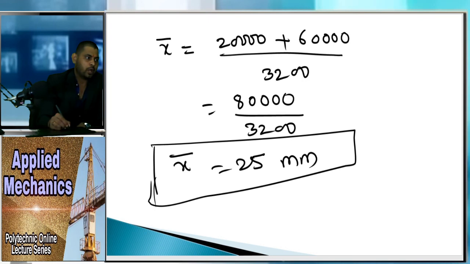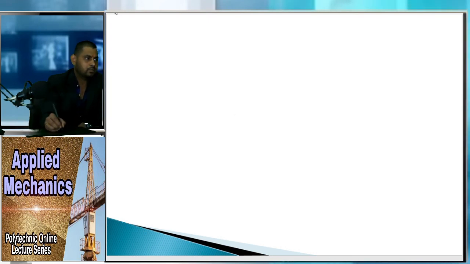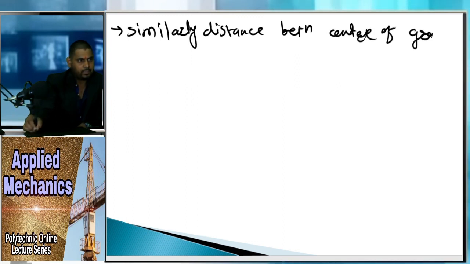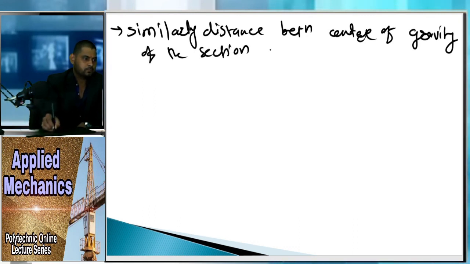Now you have to find out the value of y bar. So similarly you can find it. Similarly, the distance between the center of gravity of the section and the bottom face.